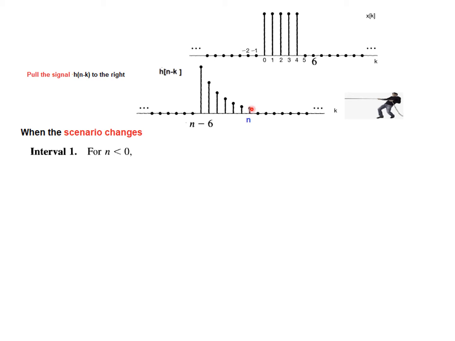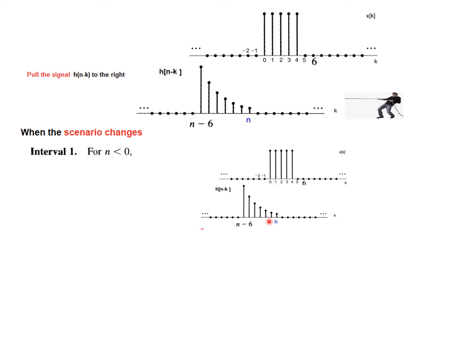What will happen if you pull it further and n becomes equal to 0? Then the overlap starts. For how long will this overlap move without any change? We keep on pushing this signal without any change. So we have moved it, we have crossed 0, we are now near 1 or crossed 1 even.